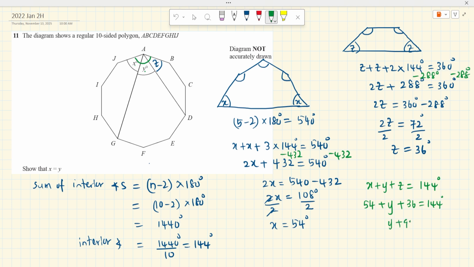Y plus 90 equals 144. I have to subtract 90 from both sides. Then y equals 144 minus 90. So y equals 54. So x equals 54, y also 54. Then x equals y.